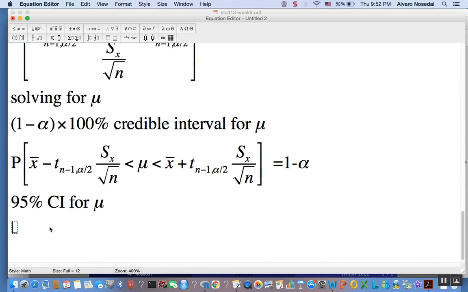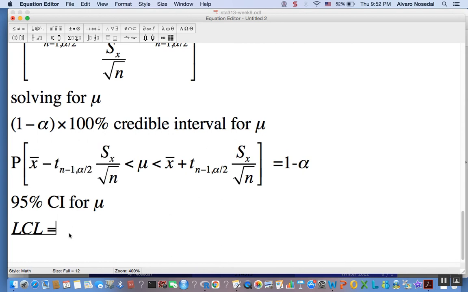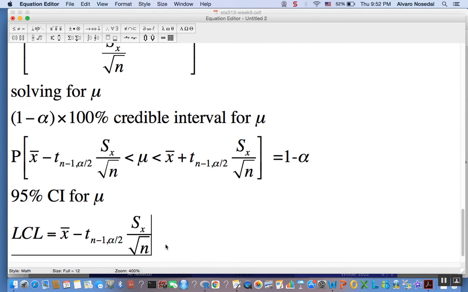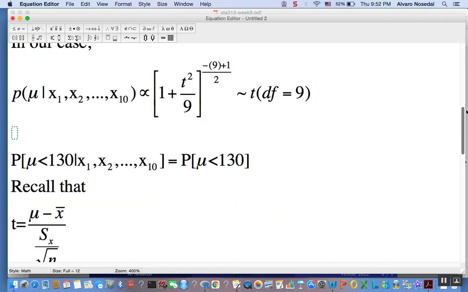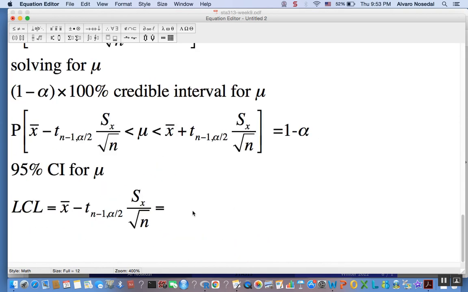So let me find the lower credible limit. That's what I'm going to be calling this in our particular case. It would be just x bar, which is going to be 135, times a critical value, right?